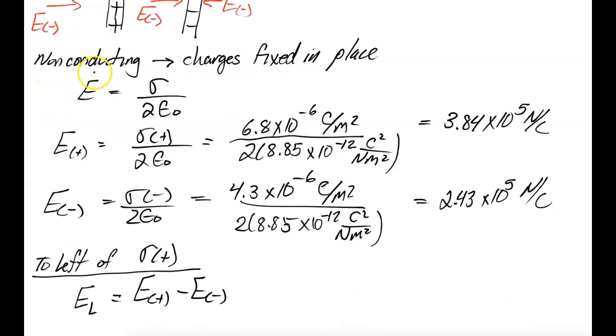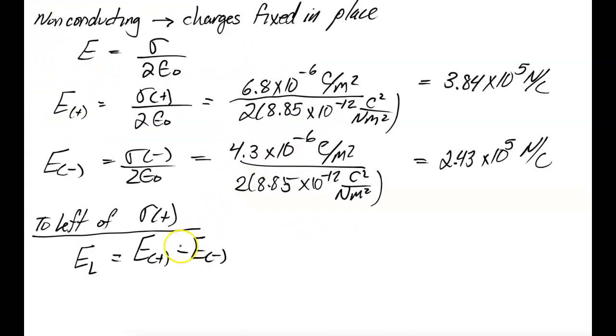So it's a difference between them. Since we took E plus first, if we get a positive answer, then we know that the direction of the left side electric field is going to be in the direction of E plus.